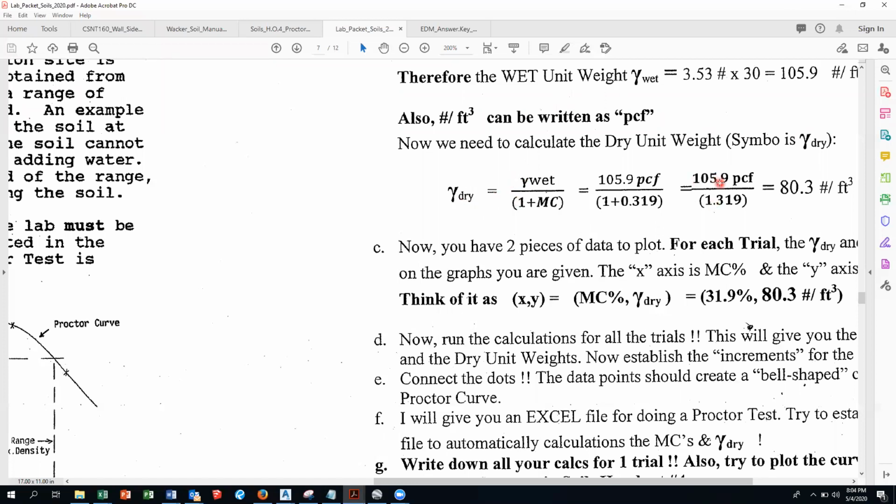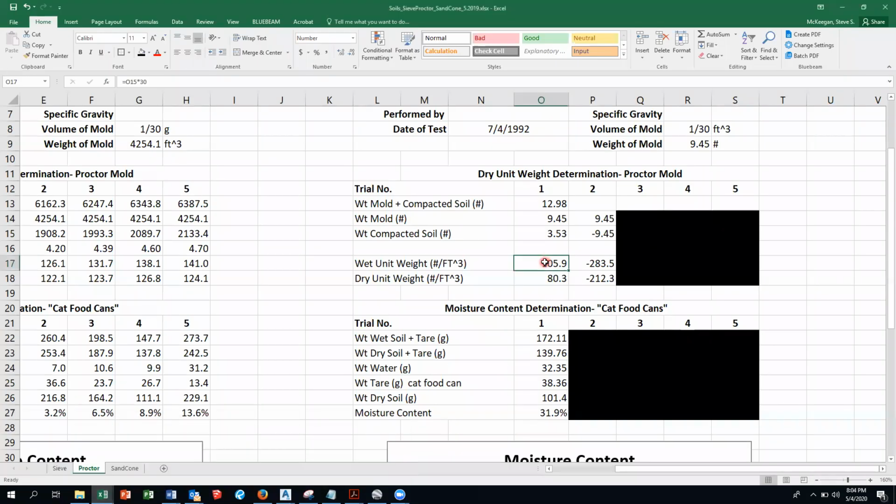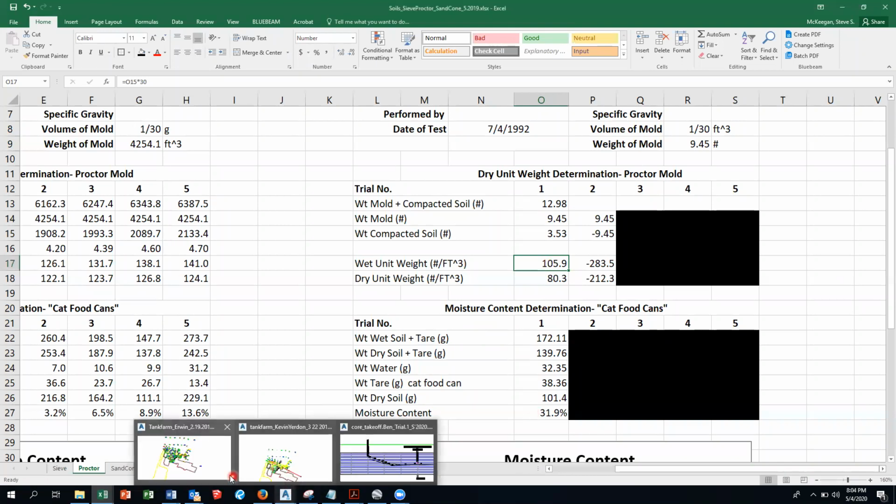So you remember the data points that we had on the Excel. The wet density was 105.9, the moisture content was 31.9. Let's take a look at that again. Right, 105.9, 31.9. And you don't have to memorize this formula.